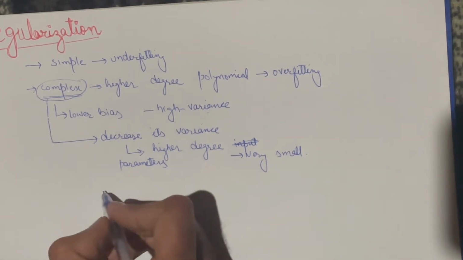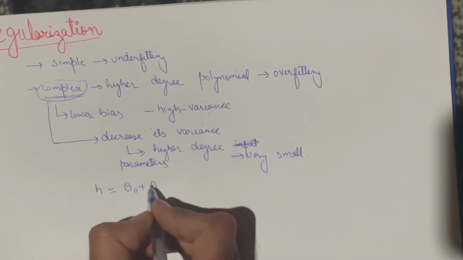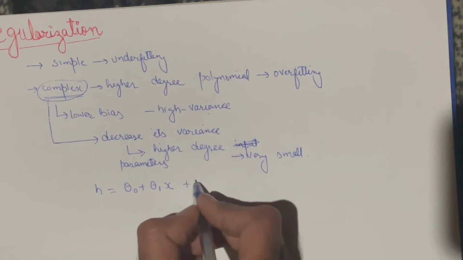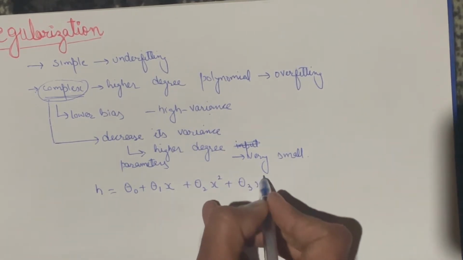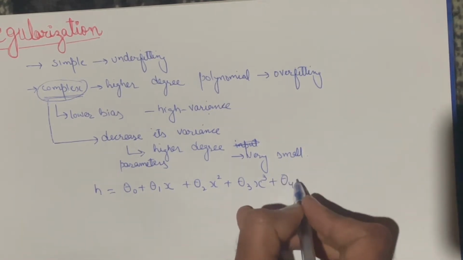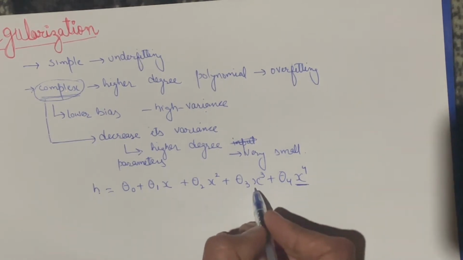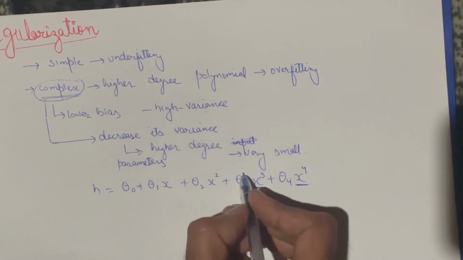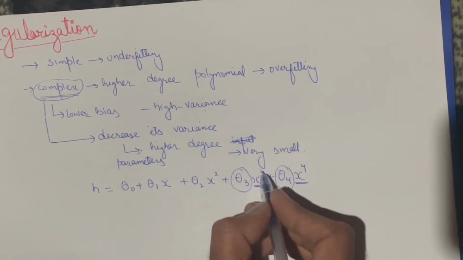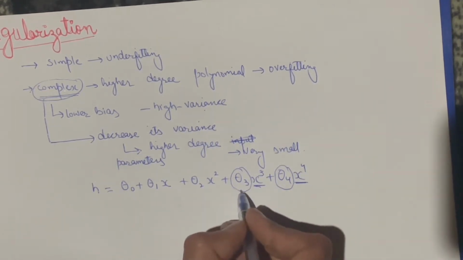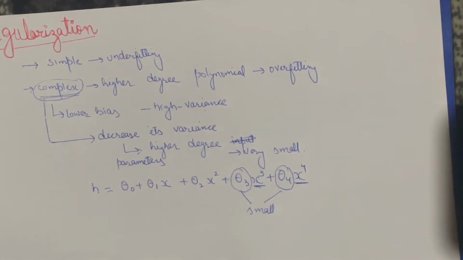For example, if our hypothesis model is like this: x, x square, plus x cube, plus higher degree polynomials, for example x raised to the power 4, x raised to the power 3, we will try to make the parameters associated with these higher degree inputs as small as possible.